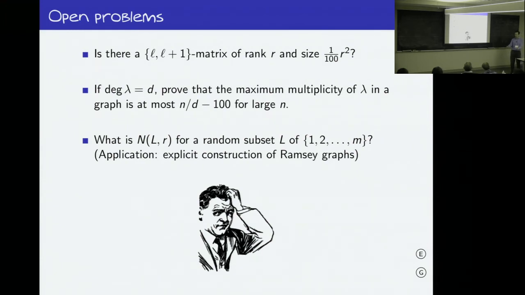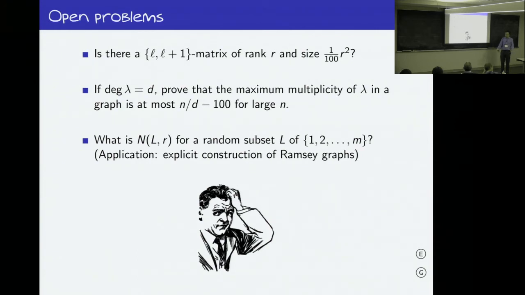Finally, can you say something intelligent about what happens for a random set L? Say take numbers 1 through m, and pick a random subset of size m over 2. This is your set L. How big will this function L and LR be? The best construction I can make is more or less stupid: find the biggest infinite progression or more and use that.